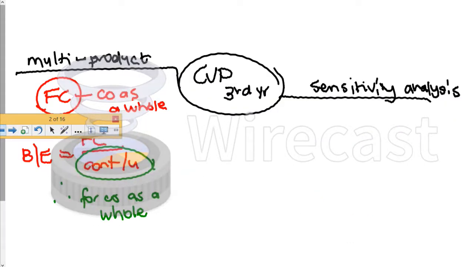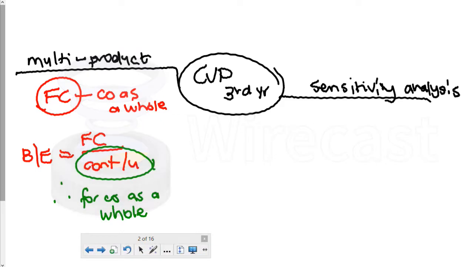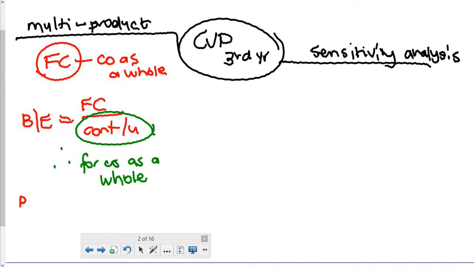Okay, so I said to you that it's about multi-product. So multi-product is fixed cost over contribution per unit for the company as a whole. So there's a little bit of a calculation to do for that company as a whole. And then once you get that, your answer will be break even for the company as a whole.